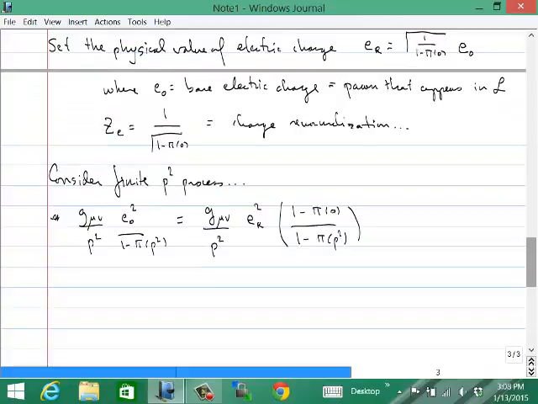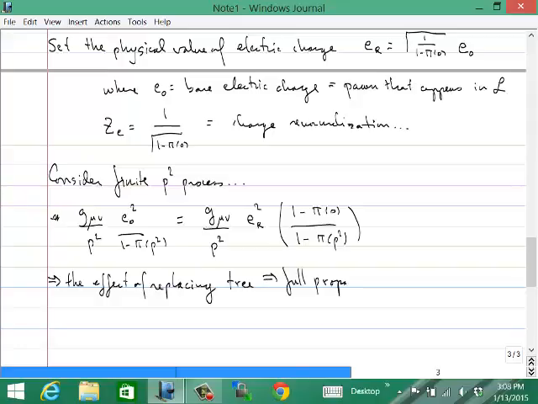So what you see is that the effect of replacing the tree level propagator by the full propagator could be regarded as introducing an effective charge, let's call it E effective squared, that now depends on the momentum scale.